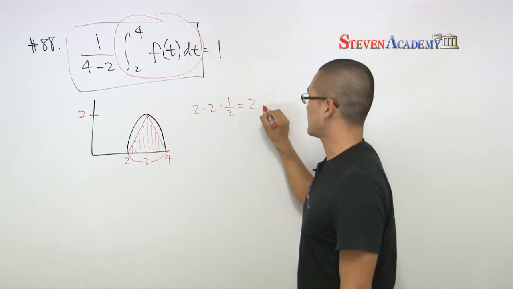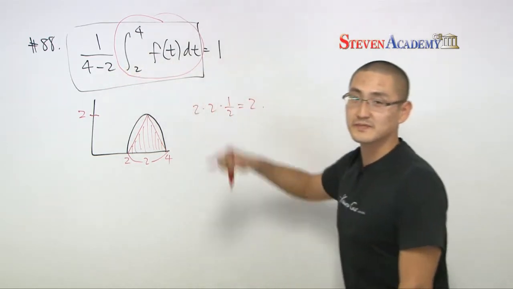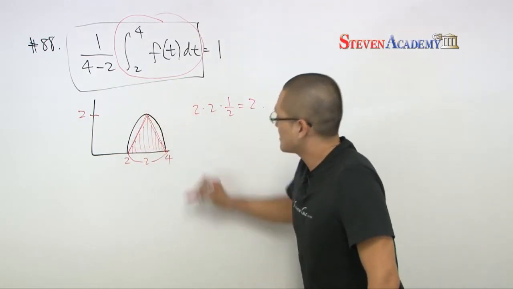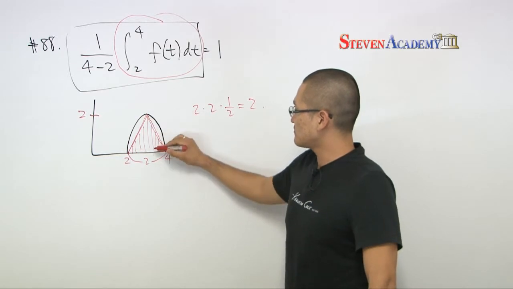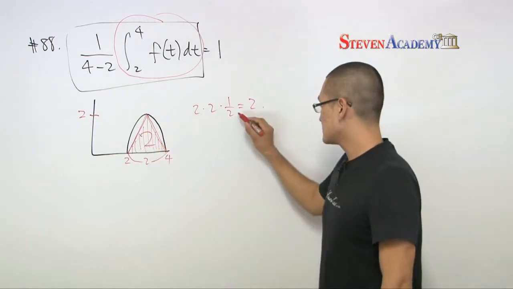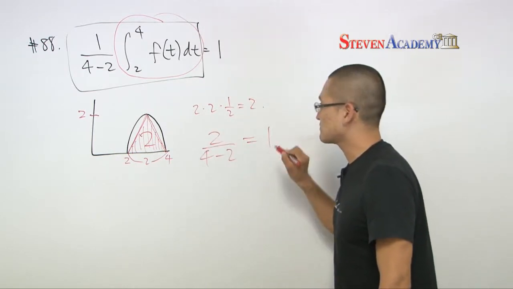So I get 2 there, right? And if I put that in there, I'm supposed to get 1, right? So this straight line, this function will give you average value of 1 because I'm going to get 2 for the area divided by 2, 4 minus 2, and this is going to give you 1.